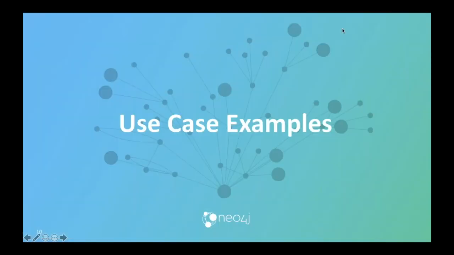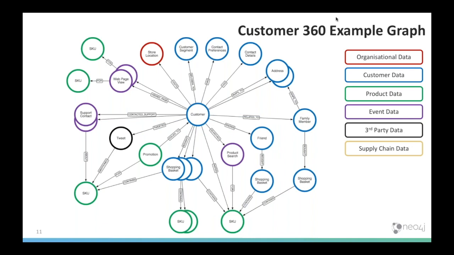So from these sorts of data, and of course it's not an exhaustive list, there are other types of data that might exist in retail as well. But from some of those different components we just talked about, we can put together some example graphs to illustrate how you could use a graph and your data to power specific use cases in a retail environment. So first, we'll take a look at Customer 360.